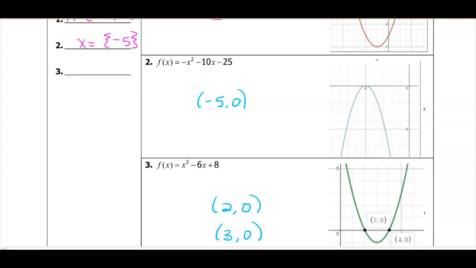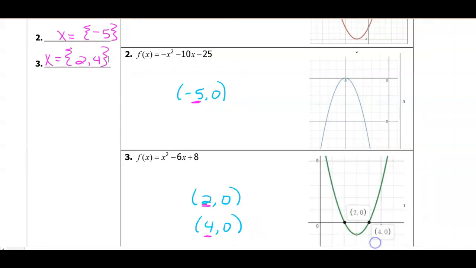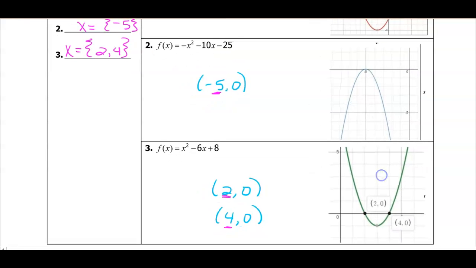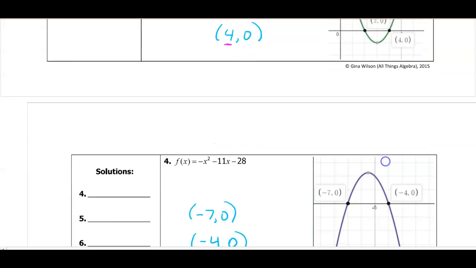So x equals 2, 4. Those are the x-intercepts. And again, those would be the values that would appear in our solutions if we were solving algebraically by factoring.